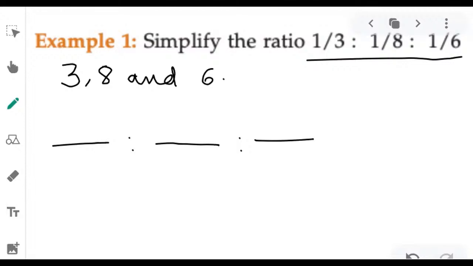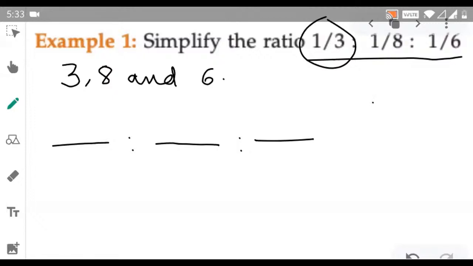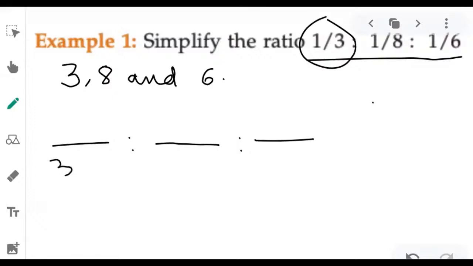Nida? What should the first part of the ratio be multiplied by? 8. So denominator into 8 and numerator into 8. Perfect. Vinay, second one.